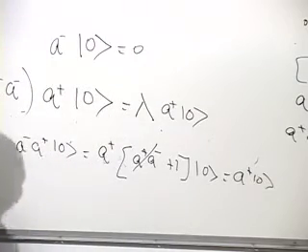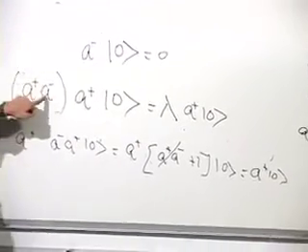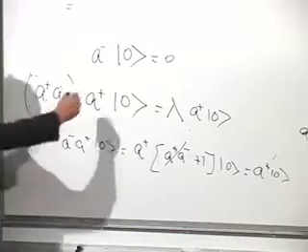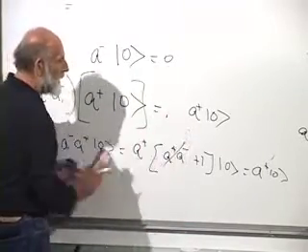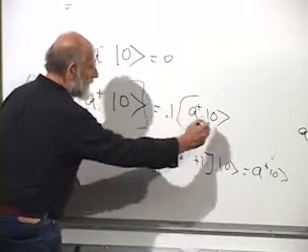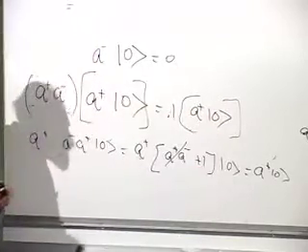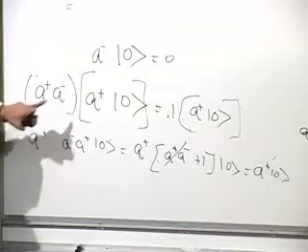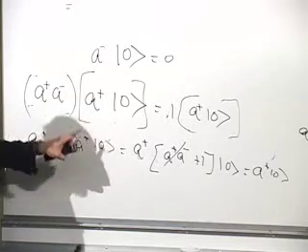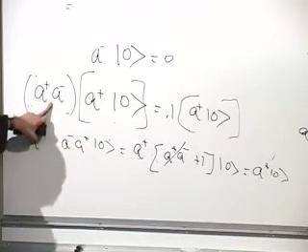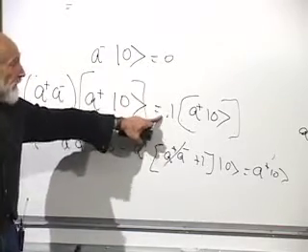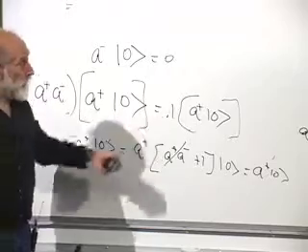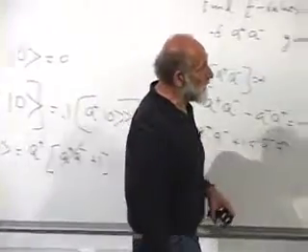This is a fairly long story, but what it said is that A plus A minus multiplying this vector here just gives 1 times the same vector. The conclusion: this new vector here is an eigenvector of A plus A minus with eigenvalue not equal to 0, but eigenvalue 1. Let's go back to the Hamiltonian, to the energy.